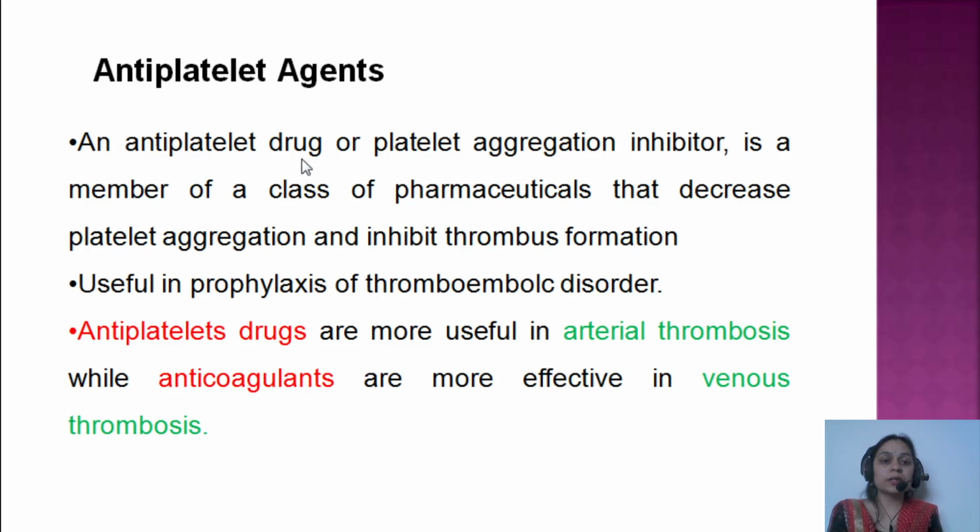Now antiplatelet agents. Antiplatelet drugs or platelet aggregation inhibitors are a member of a class of pharmaceuticals that decrease platelet aggregation and inhibit thrombus formation. Useful in prophylaxis of thrombotic disorder. Antiplatelet drugs are more useful in arterial thrombus while anticoagulants are more effective in venous thrombosis.